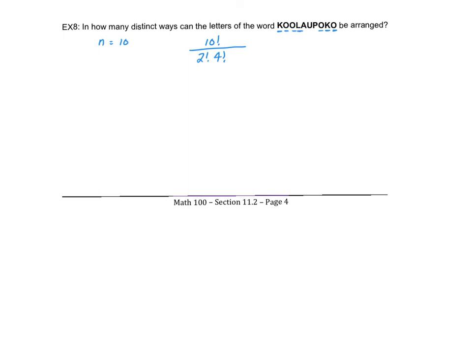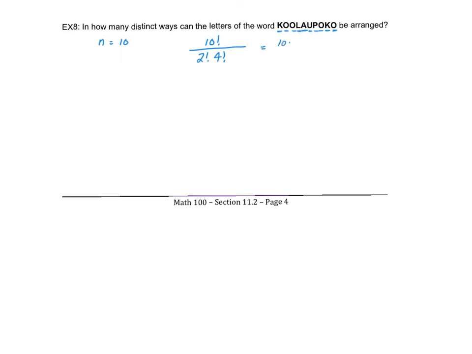L, there's only one, I don't have to list it. A, only one, I don't have to list it. U, only one, don't have to list it. And P, only one, I don't have to list it. So this is 10 factorial over everything that duplicates, so 2 factorial times 4 factorial.